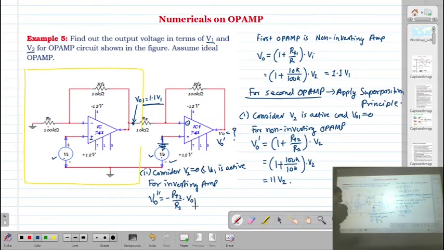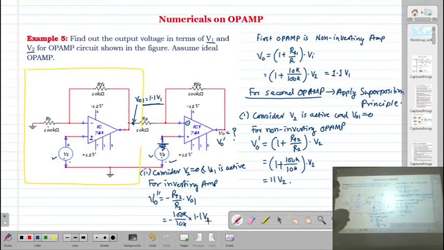Correct? And therefore, this is equal to minus 100K divided by 10K multiplied by VO1, which is 1.1 V1.